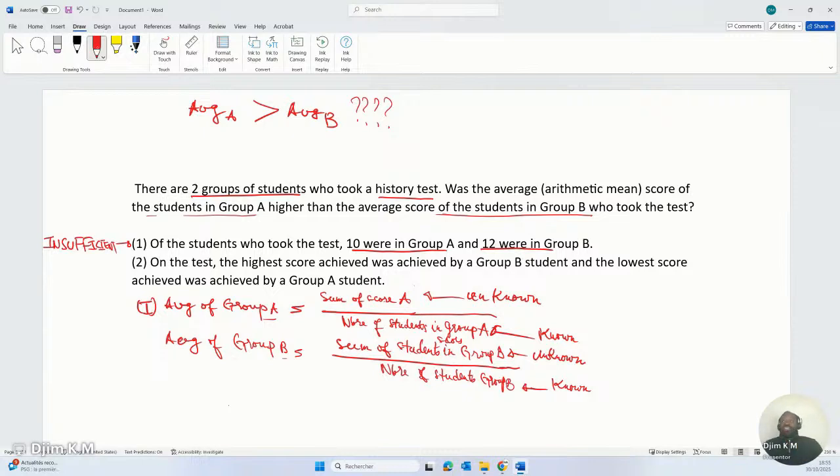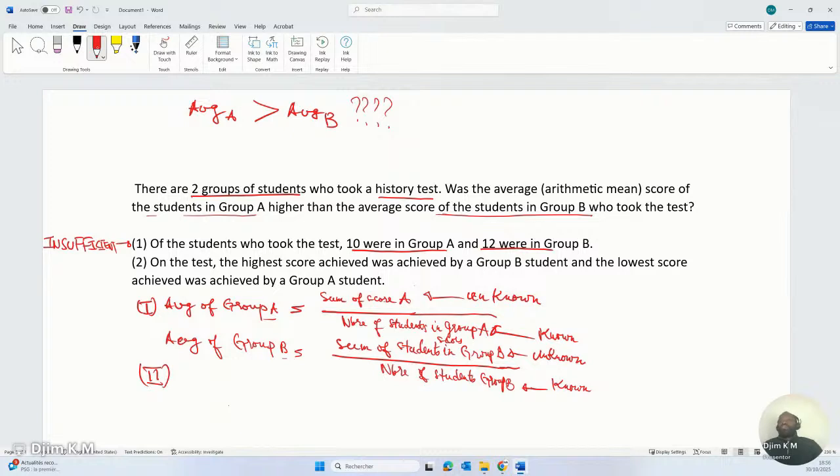The second condition says on the test, the highest score was achieved by a group B student, and the lowest score was achieved by a group A student. Still, we can't determine that for sure.